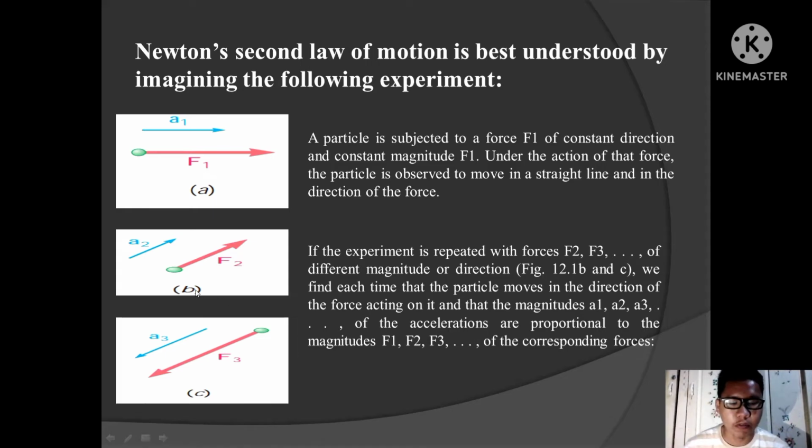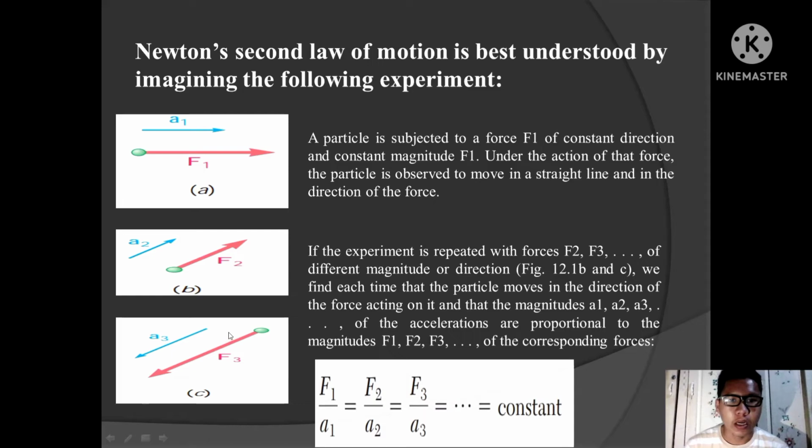As we can see, figure B has a different magnitude or direction, a different direction of the particle in the upper case, while figure C also has a different magnitude or direction in the lower case. So these two figures B and C are different in magnitude or direction compared to figure A, which has both constant direction and constant magnitude. So that's the difference.